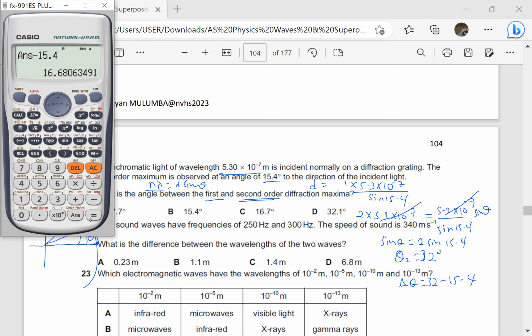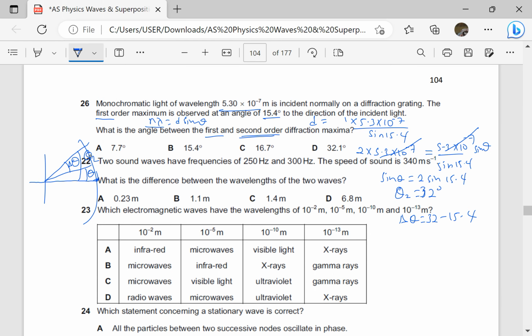If I say 32 minus 15.4, that is 16.6, or approximately 16.7, because I rounded. Writing 32, I rounded off to a whole number, so the answer is going to be C.